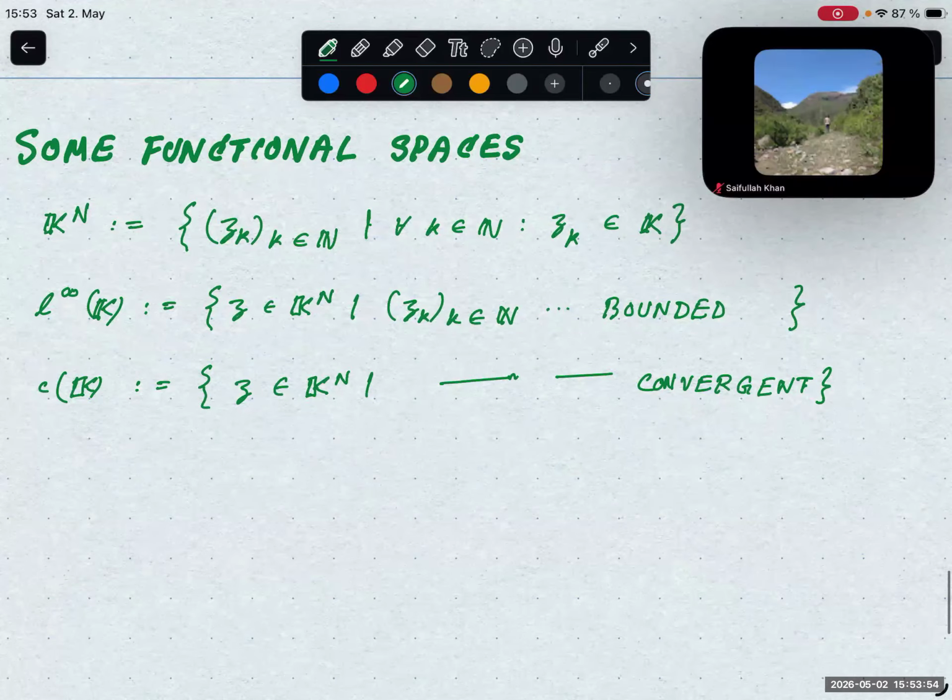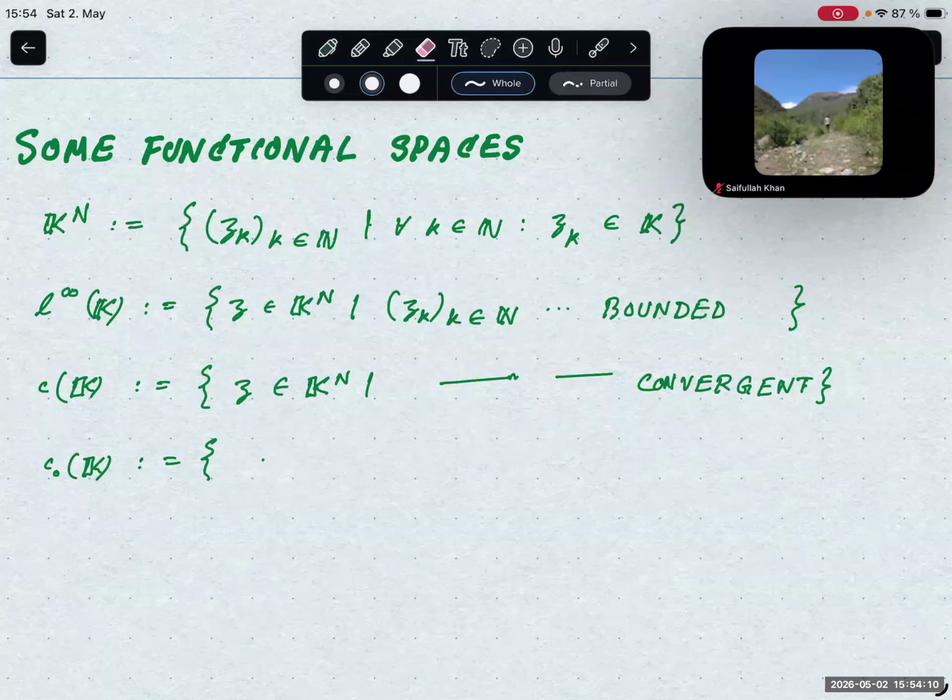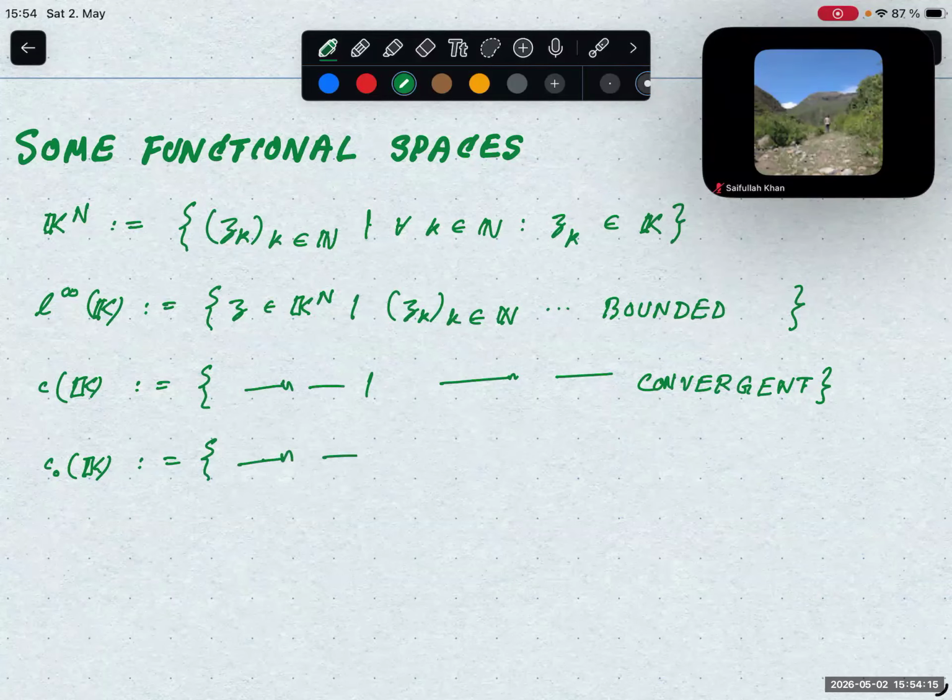Okay. You can define some subspaces of this. One thing is C0. I can write the same way, where the sequences are, that is, the whole thing is a null sequence.